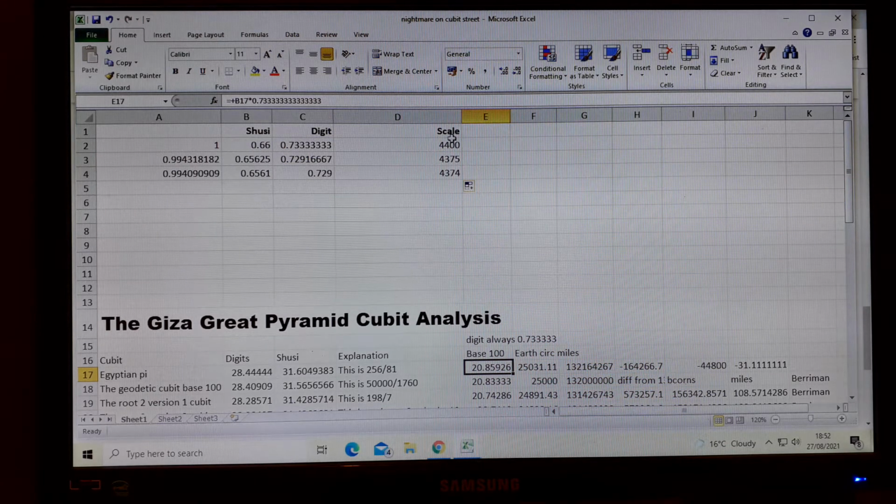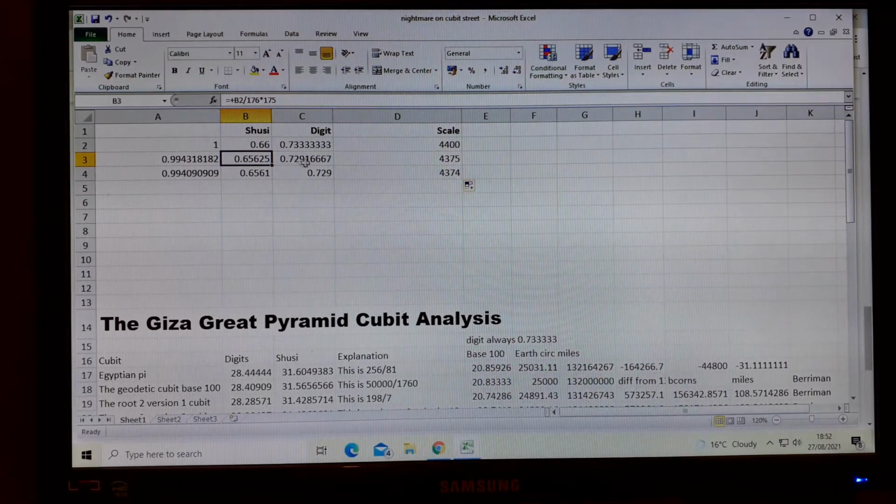Now what's happening with the scale of these digits? And 1 is the Shusi of 0.66, 0.994318181 recurring, that's 175 divided by 176, which is Jim's Shusi that he's using, producing a digit that's Berryman's first digit, really, that's the Egyptian digit.